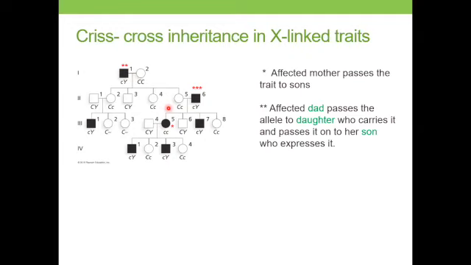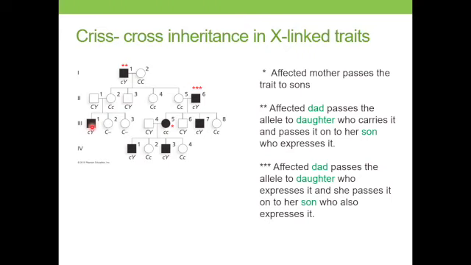So the daughters are carriers. And then the carrier daughters, for example, individual number 2 in generation 2, is normal but a carrier, and she passes it on to her son. Then this affected man with a normal woman, but the woman is also a carrier, we see that characteristic which shows a 50% chance of passing it on to both sons and daughters.